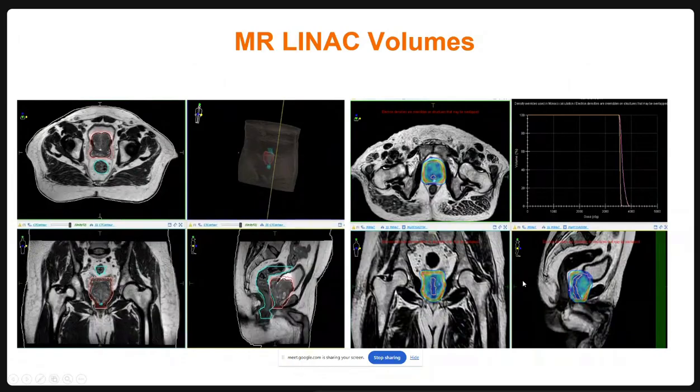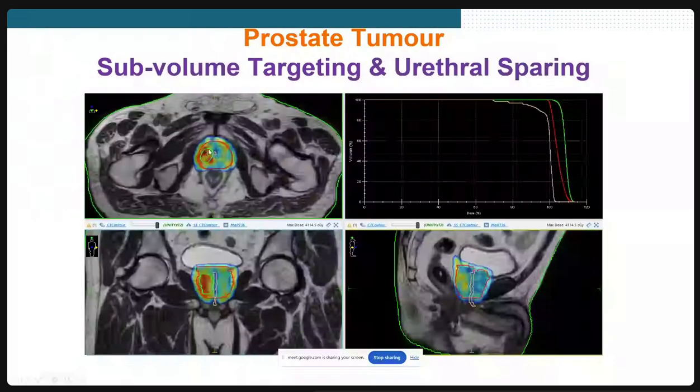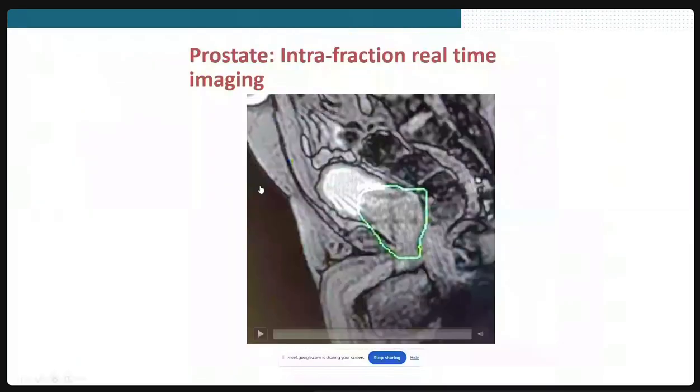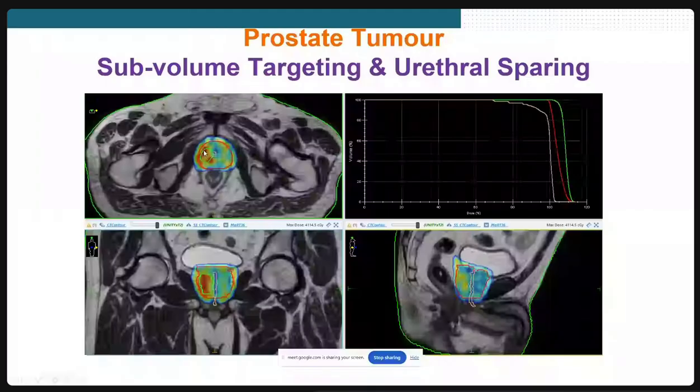Not only that, inside the prostate we can really target an intraprostatic lesion. On the first day of treatment, or on the treatment day, we can do an additional diffusion weighted imaging and see which part of the area has very high ADC values, and we can see the intraprostatic lesion and contour it and then deliver a higher dose to that lesion, and also reduce the dose to the urethra, while at the same time delivering the required dose to the entire target.